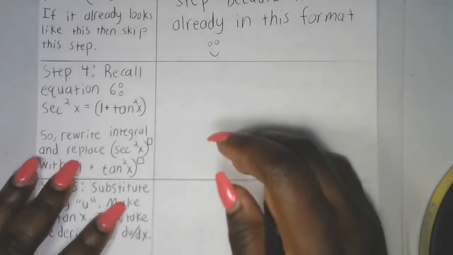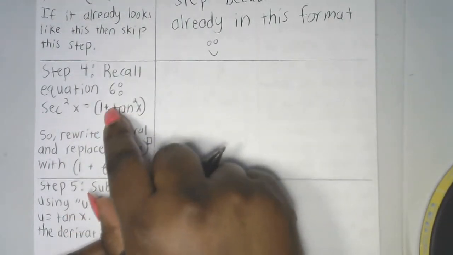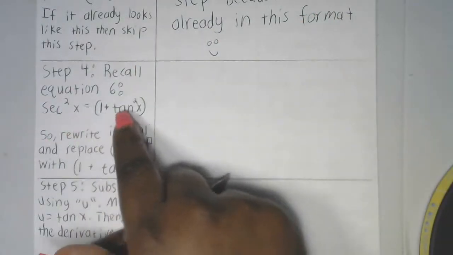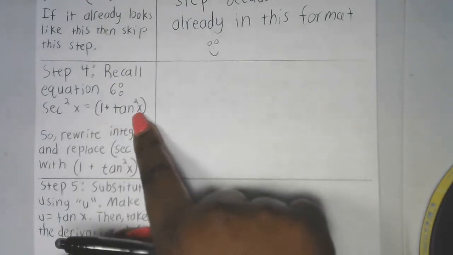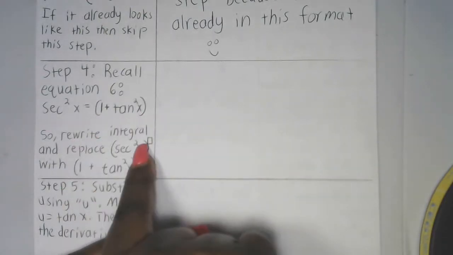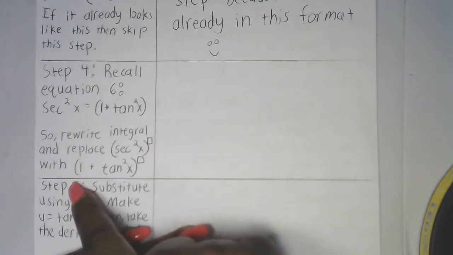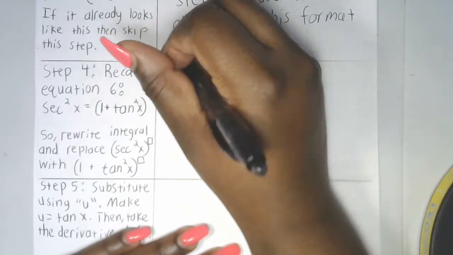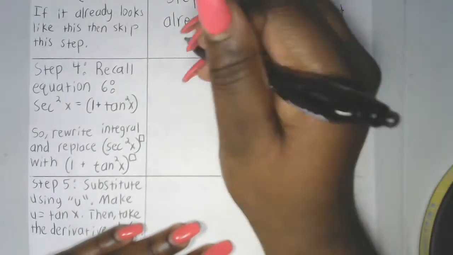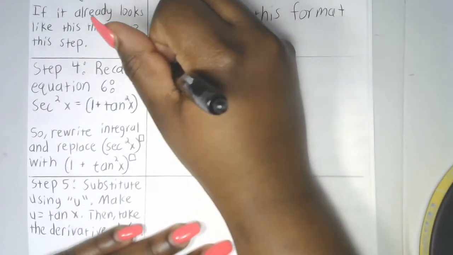All right, so let's get into step 4. For step 4, if you recall equation 6 that I said from the beginning of the video, it was a trigonometric identity. Secant x squared is equal to 1 plus tan x squared. So we're going to rewrite the integral, and we're going to replace secant x squared to the power of something with 1 plus tan x squared to the power of something. What did we have in the previous step?